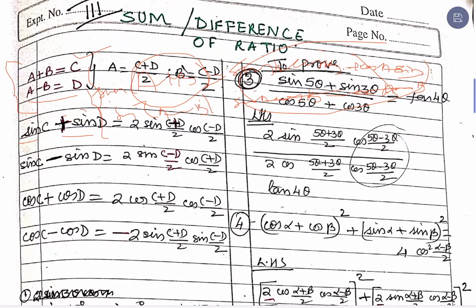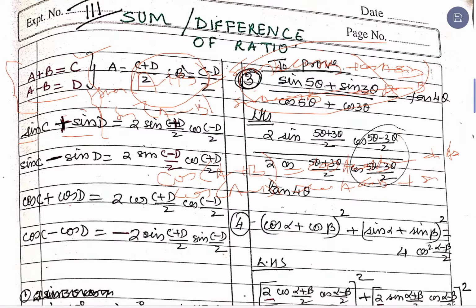Likewise, for cos C plus cos D, cos(A + B) is cos A cos B minus sin A sin B, and cos(A - B) is cos A cos B plus sin A sin B, please refer to the identity that you have written in your notebook.